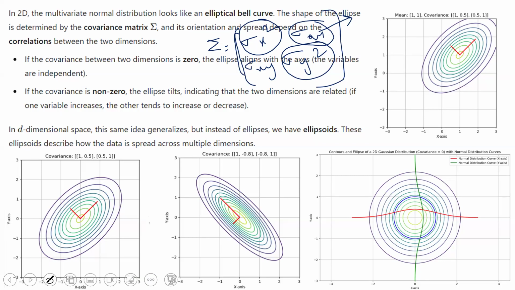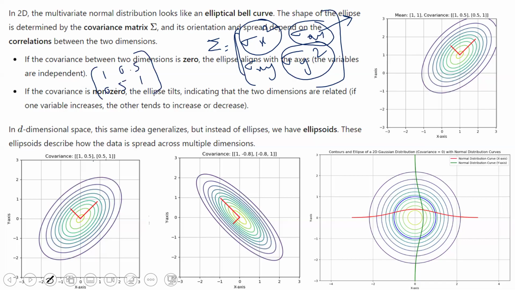So here, look at this: 1, 0.5, 0.5, 1. This is the covariance matrix given to us.